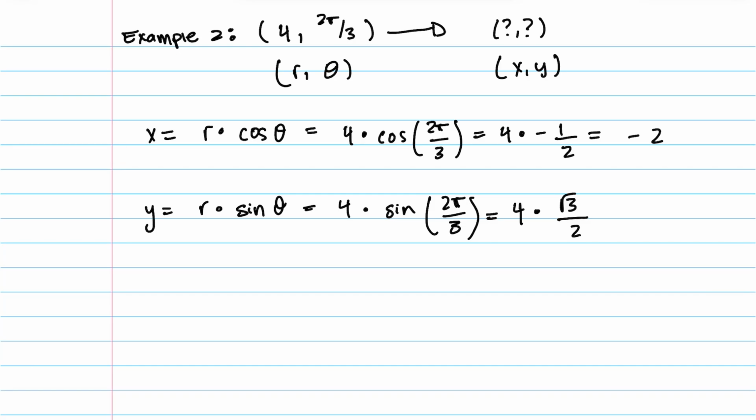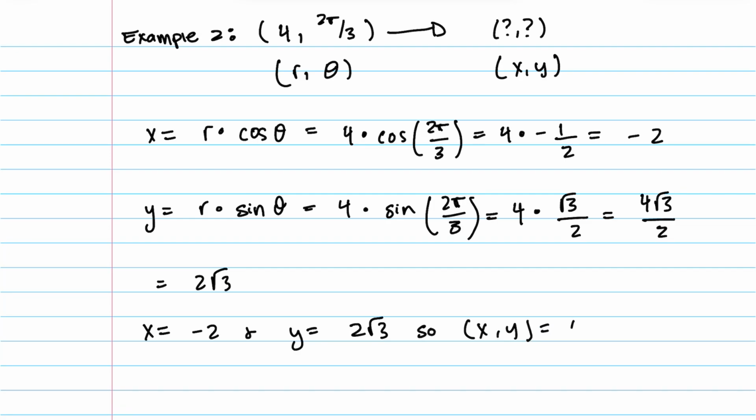Simplifying this, you'll have 4 times the square root of 3 over 2, which simplifies down to 2 square root of 3. From this, we get that x is equal to negative 2, and y is equal to 2 times the square root of 3. So the x comma y coordinate point is going to be negative 2 comma 2 square root of 3.